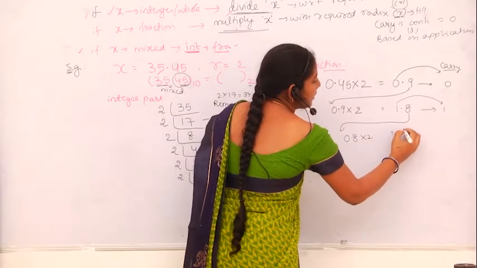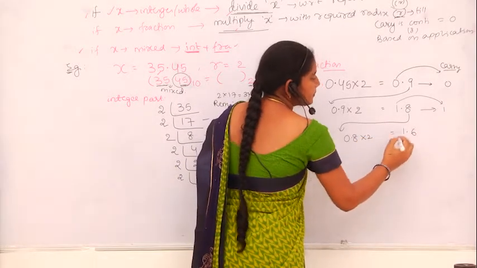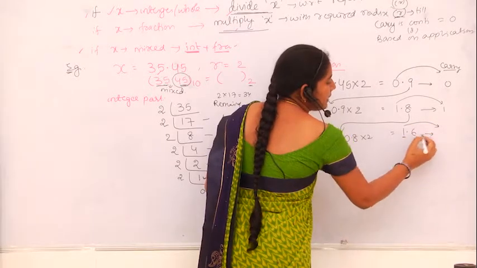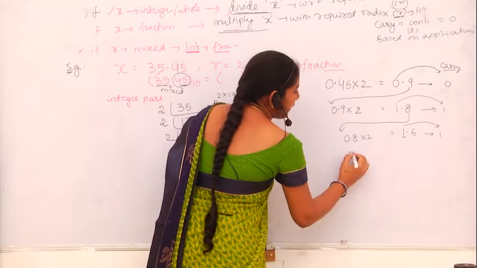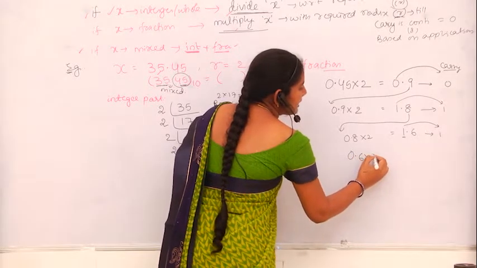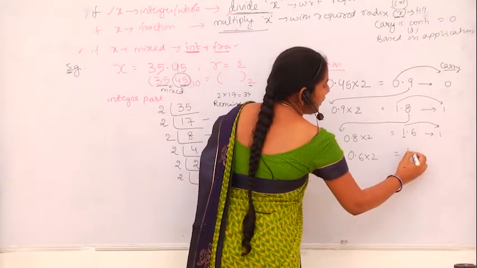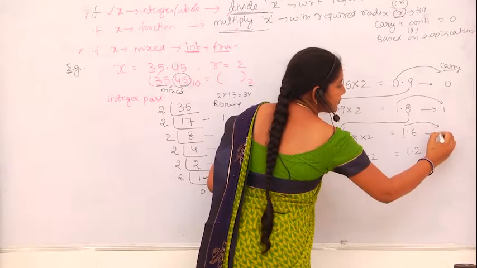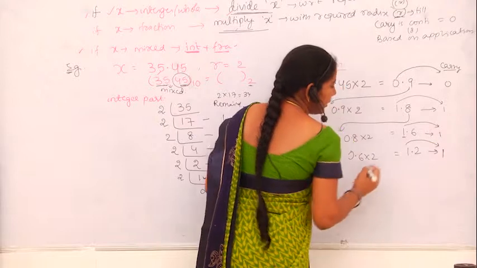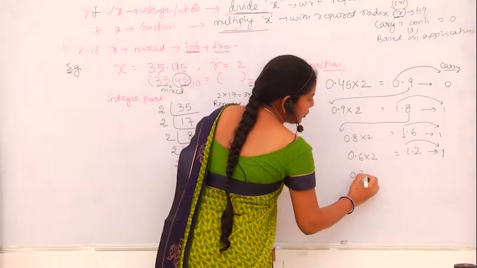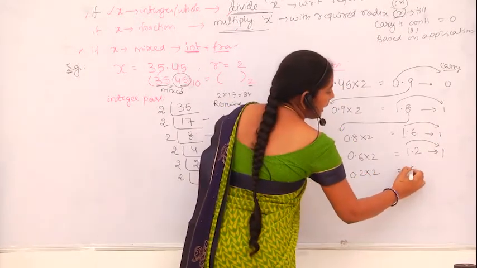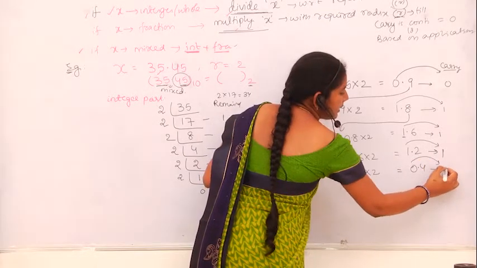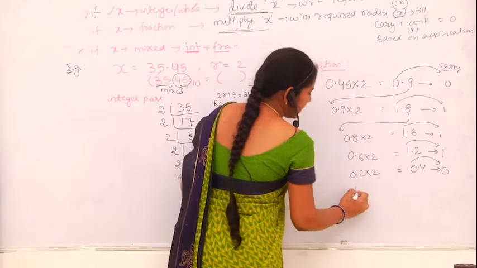You will get 1.6. Then take the integer part out and the fraction part to the next level, we will have 1.2 and we'll get carry 1. Then 0.2 into 2 will have 0.4, we get integer part 0.